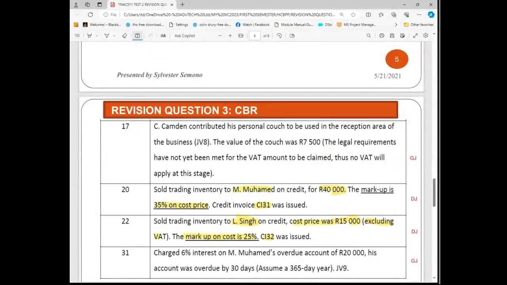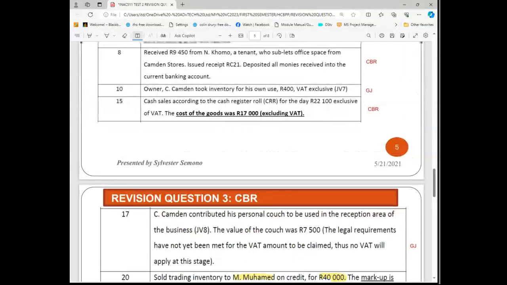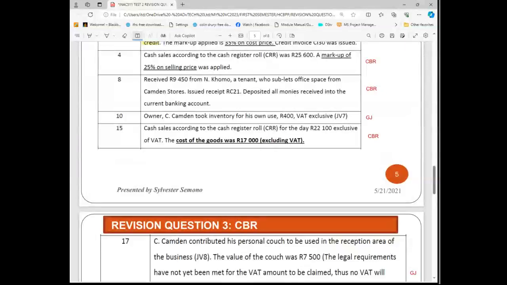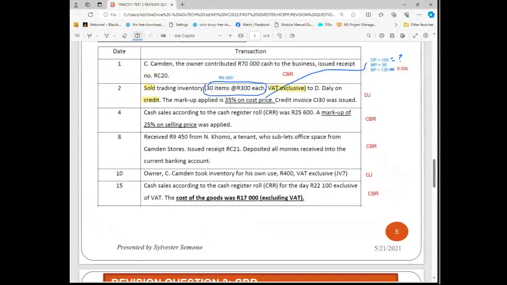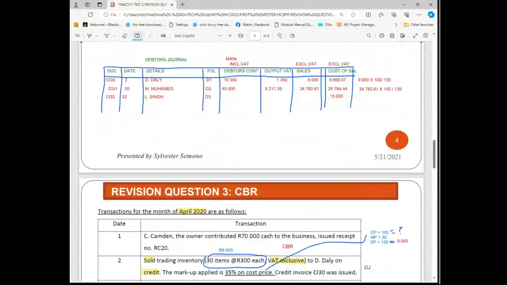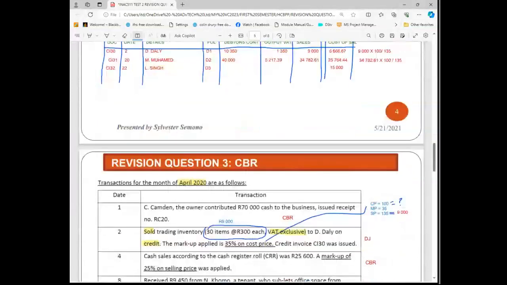So you'll take the 15,000. Don't we have to analyze? Yes, because we're doing the calculation of markup on cost of 25. Use the formula. Tell me which formula?